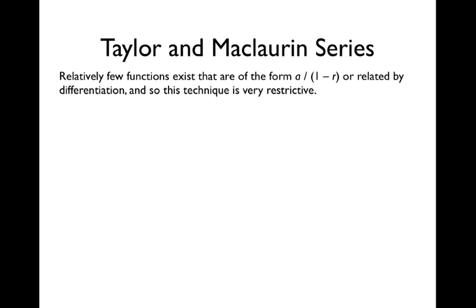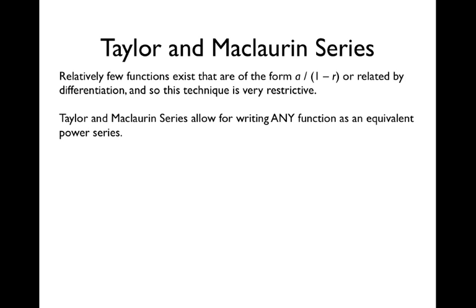It only allows for, like I said, a very narrow class of functions that we can write as series. So Taylor and Maclaurin series allow for writing any function as an equivalent power series, not just ones that are like a over 1 minus r.